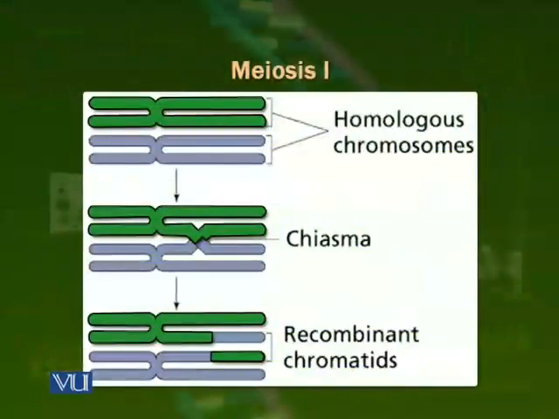Meiosis, prophase I is one of the most important parts of meiosis. These paired chromosomes, as you can see in the diagram on top, the homologue 1 and homologue 2 which are paired, collectively are sometimes called bivalents or tetrads.